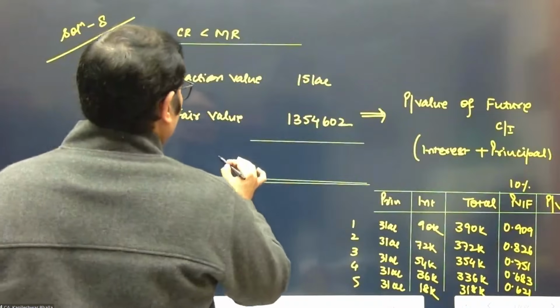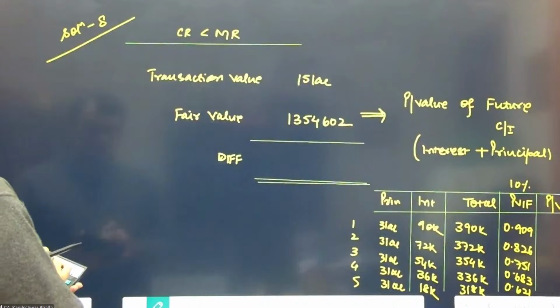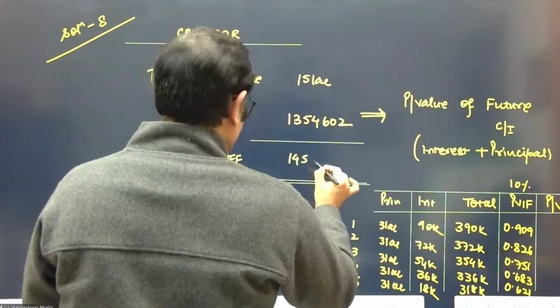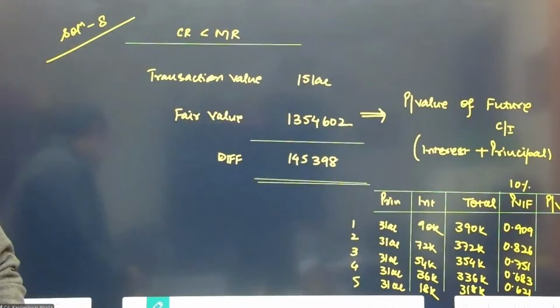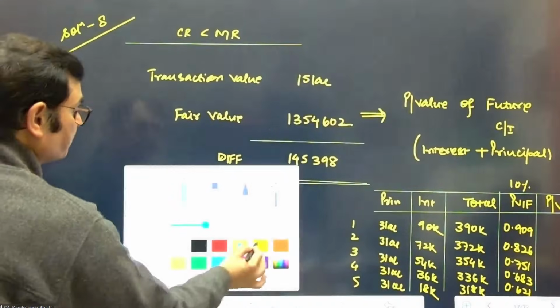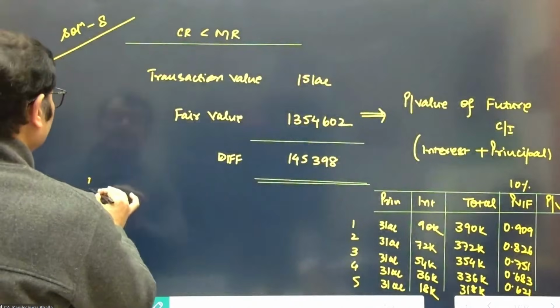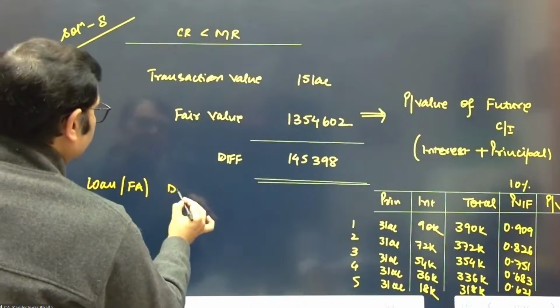So we can get the difference between the transaction price and the fair value. 15 lakhs minus 13,54,602 comes to 145,398. So let's put the entry at the very inception. Subsequent accounting, I think you should be able to manage. At the initial recognition, the loan, that is the financial asset, gets a debit.